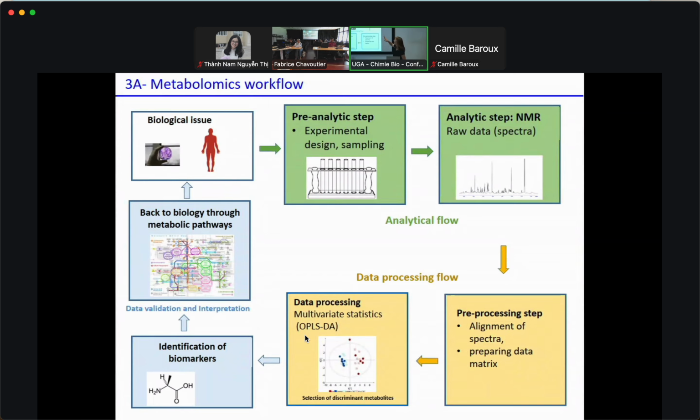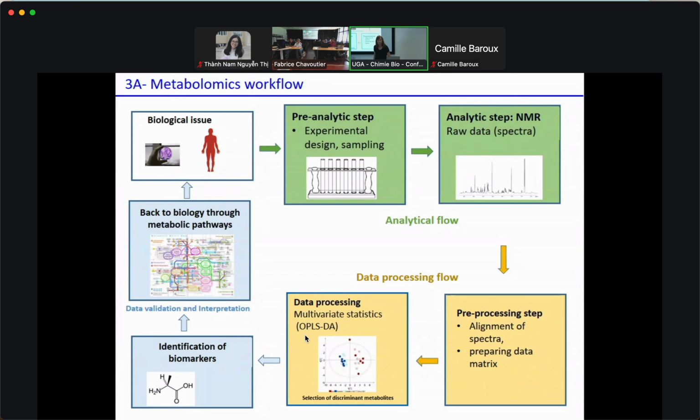After that, it is necessary to choose a good analytical tool to analyze the metabolites. There are mainly two methods used: NMR, nuclear magnetic resonance, and mass spectrometry.